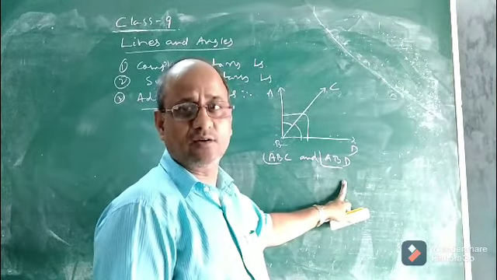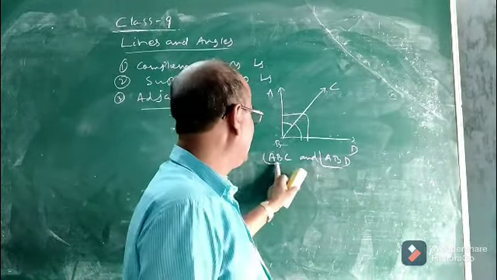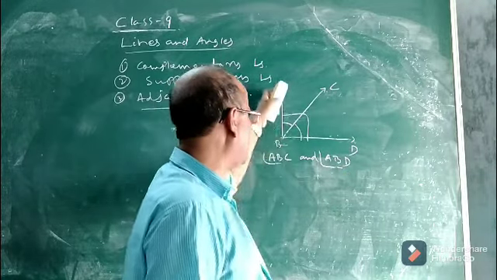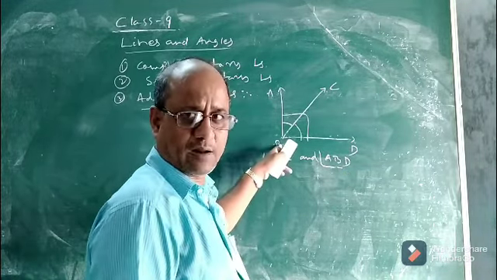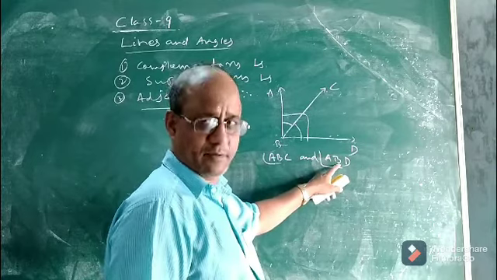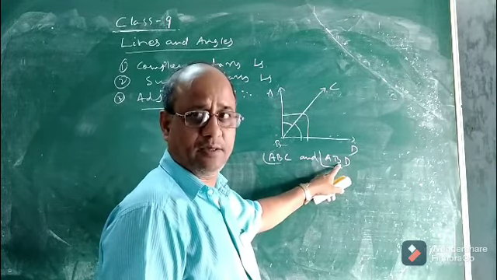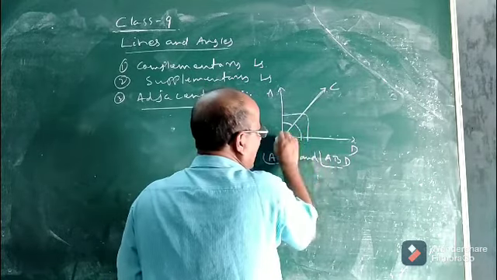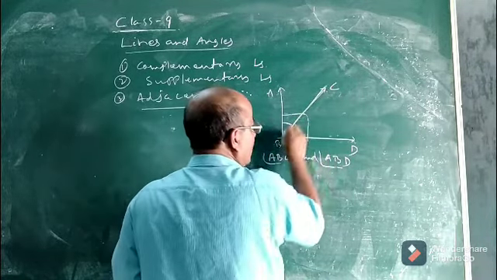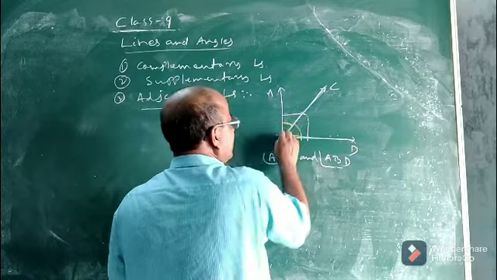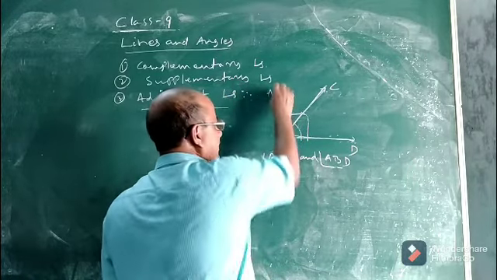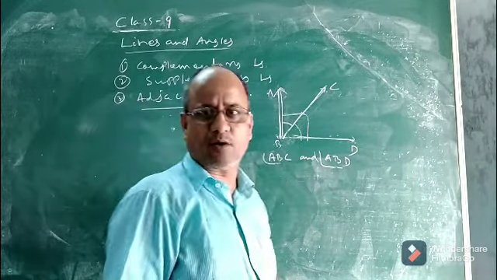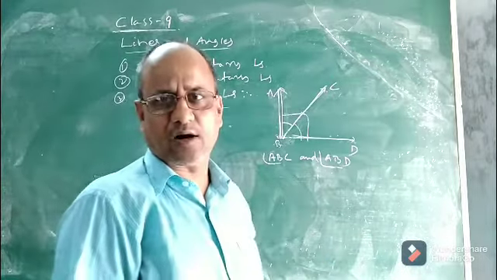The answer is clearly no. Why no? Because ABC and ABD have a common arm, no doubt. AB is the common arm. And they also have a common vertex B, because both angles have been formed at B. But what about the non-common arms? The non-common arms are BC and BD. These two non-common arms lie on the same side of the common arm BA. So, clearly they are not adjacent.